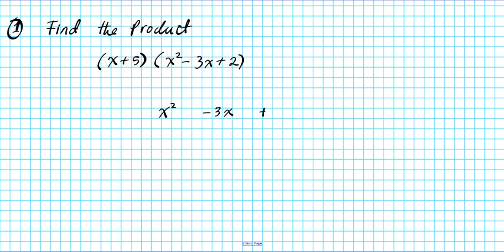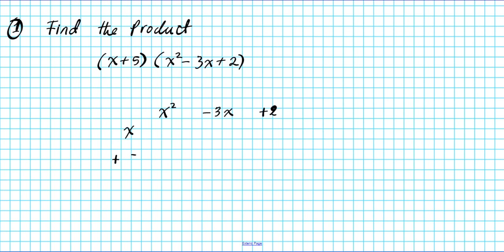The terms of this quadratic trinomial will basically determine the columns of my box. Since I have three terms, I'm going to have three columns on my box, okay? And then we have a linear binomial that we're multiplying by, that will go on the left side of the box. We have two terms. These will determine the number of rows that I'll have.